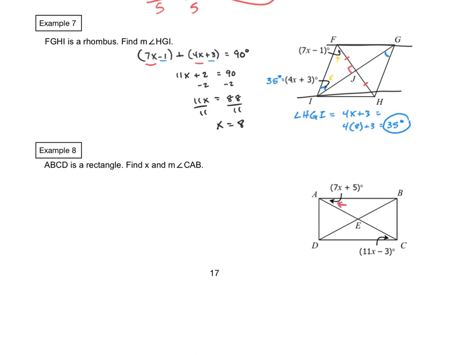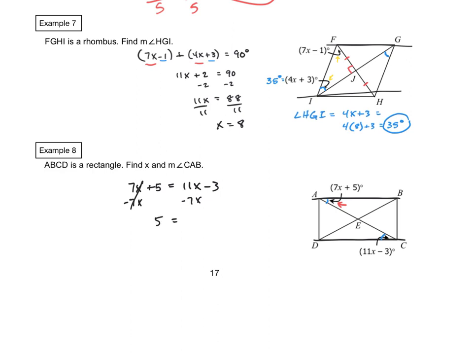And as we just stated in that previous problem, in these parallelograms the alternate interior angles are going to be congruent. So I can use that congruency to find the value of x, because I know that 7x plus 5 is going to be equal to 11x minus 3, and you can combine like terms using your inverse operations.